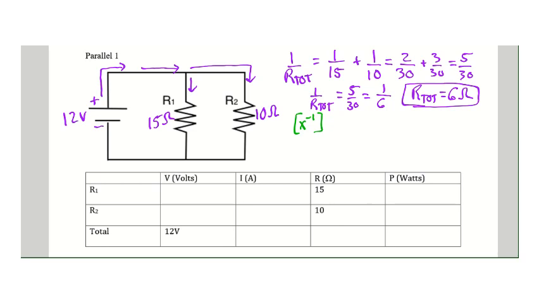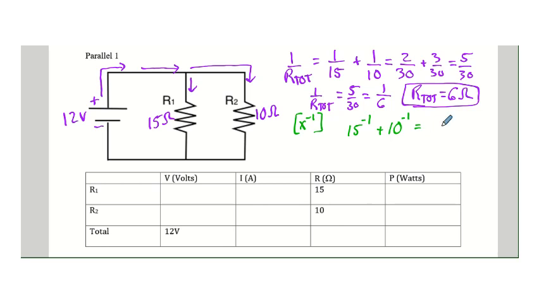So what you would do in this case to figure out your total resistance is you would type into your calculator 15, you'd hit that button, and negative 1 would appear. You'd hit the plus button, you'd hit 10 because our second resistor is 10 ohms. You'd hit the negative 1 button, and you would press enter, and it would give you a number.